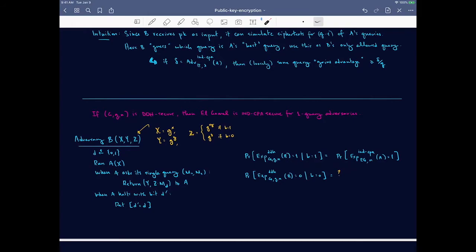The remaining question then is, all right, well, what about the other case? What about the probability when the challenge bit is 0? And here as before, you'd think more naturally, this should be a 1, and then I'll multiply these two things by a half each and add them together. But the usual thing we do is we say, let's look at 1 minus this thing, right? That's how we analyze these things.